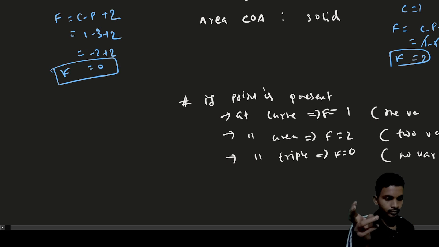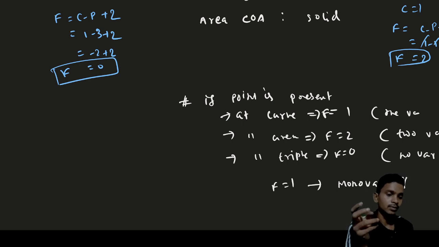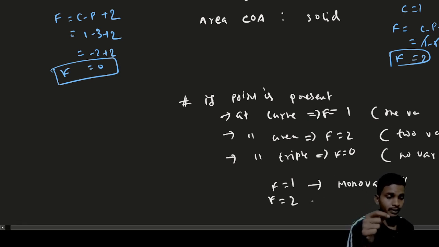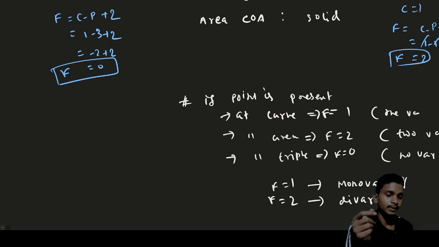So F equal to 1 means one variable needed, that is called monovariant. And F equal to 2, then we need two variables, that is called divariant.